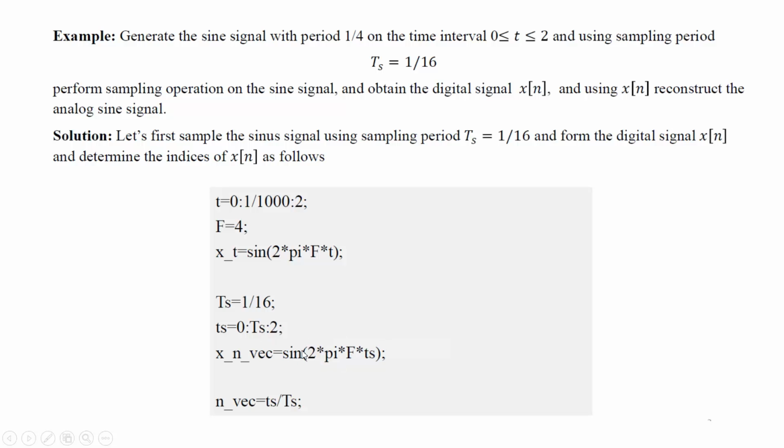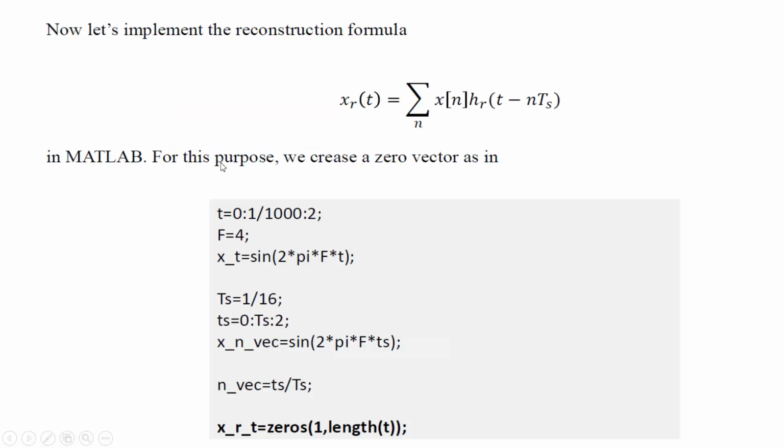This is my sampled version of the signal. Now I will generate the index by dividing the small ts by capital Ts, right? Now I will use this formula to reconstruct the signal.